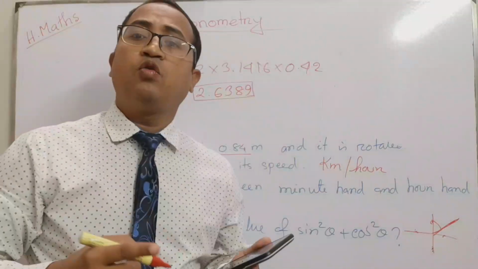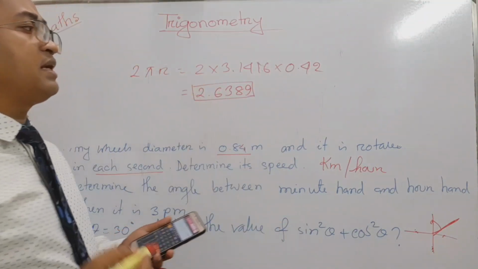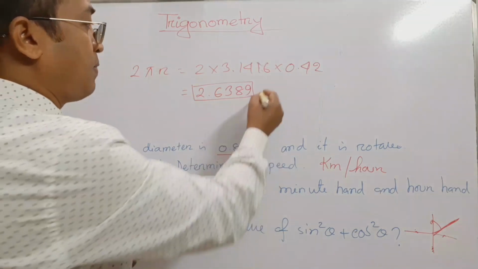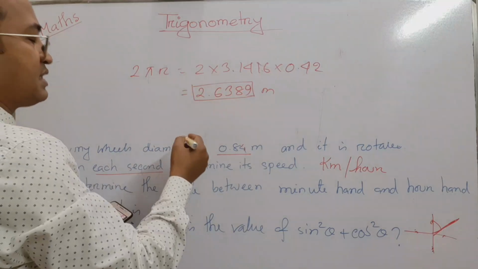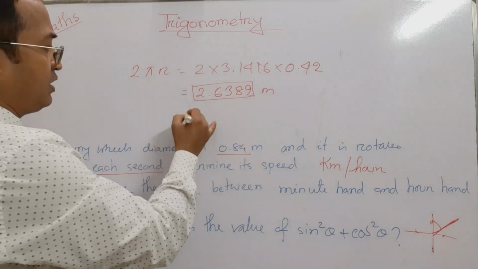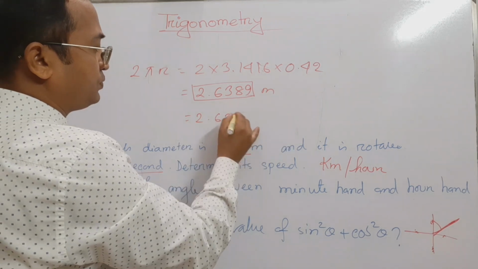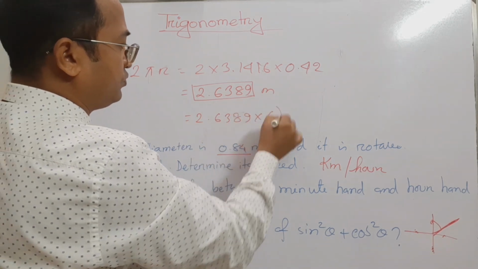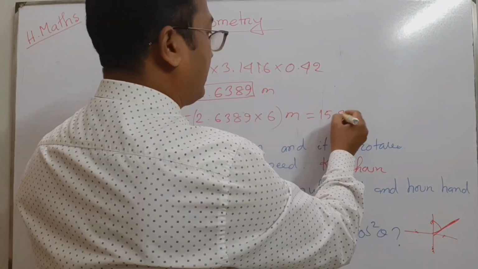That means if the wheel rotates one time, it passes 2.6389 meter. Now it rotates 6 times, so multiply it by 6. If you multiply this by 6, you get 15.8337.